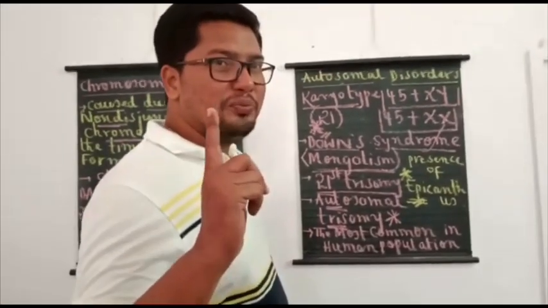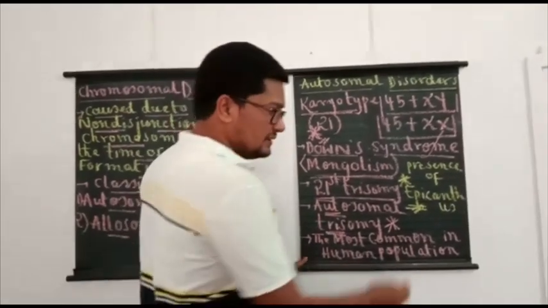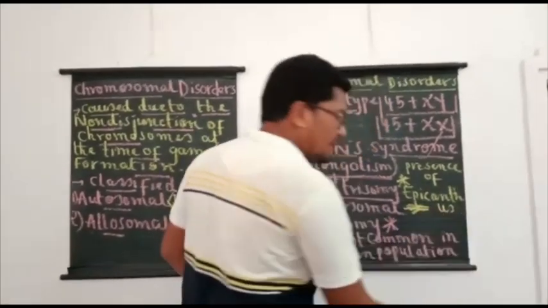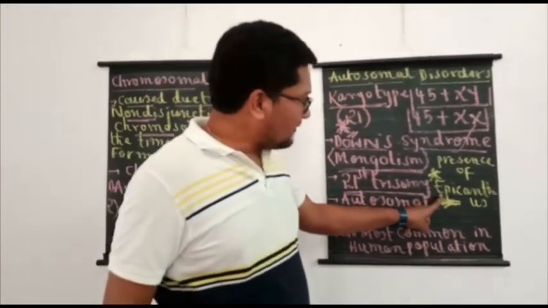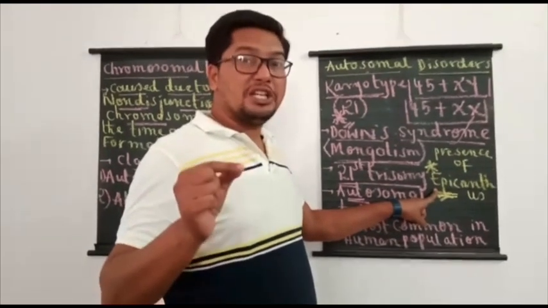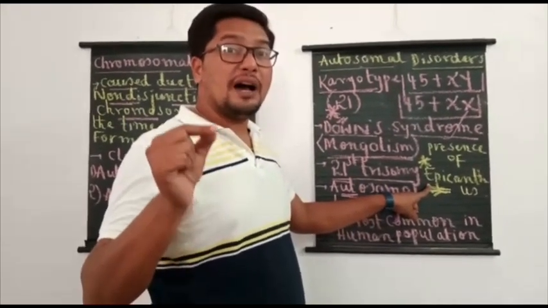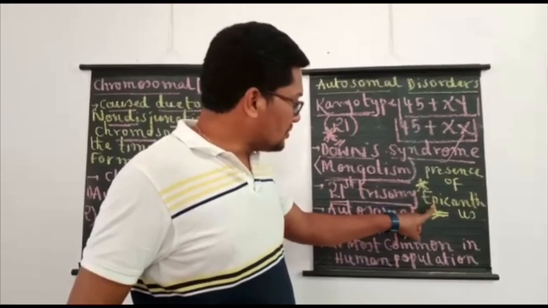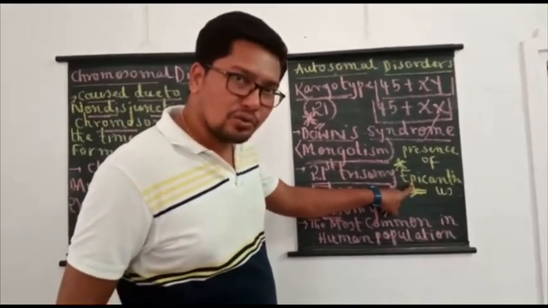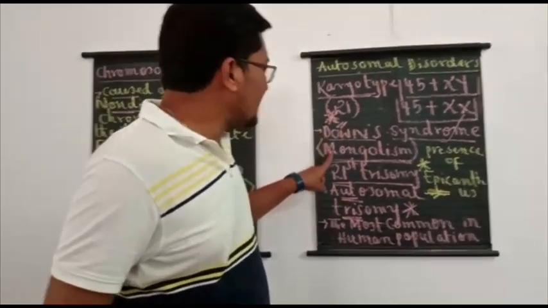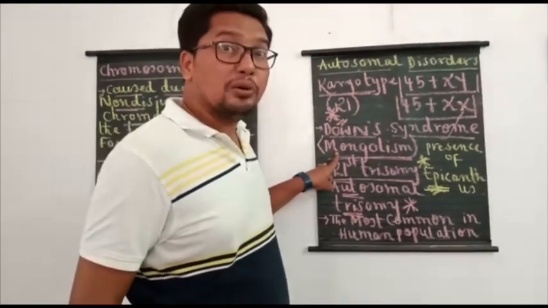And finally, Down syndrome is characterized by the presence of an epicanthus. Epicanthus is nothing but an additional fold of skin in the upper eyelid. Due to the presence of this epicanthus only, Down syndrome is otherwise called Mongolism.